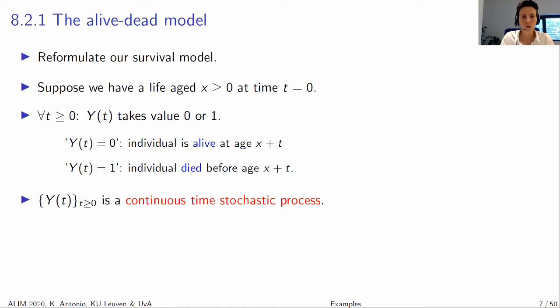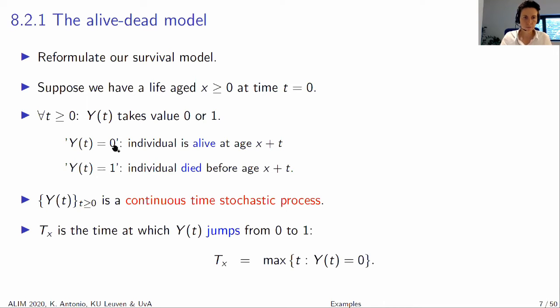That immediately brings us to an alternative definition for the future lifetime of our individual x, so for T_x, because T_x is then going to be the time point at which our stochastic process jumps from state 0 to state 1. So T_x is the largest value for t that we can find such that Y(t) is equal to 0, right? So that's an alternative definition for the future lifetime of our individual x.